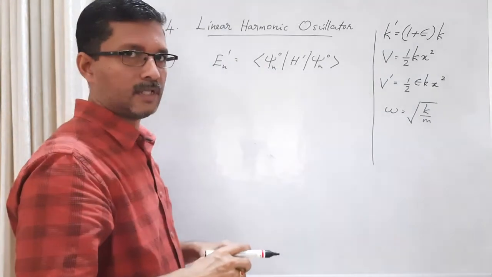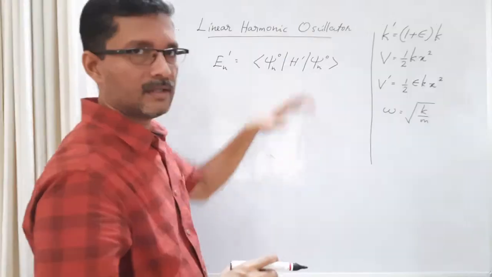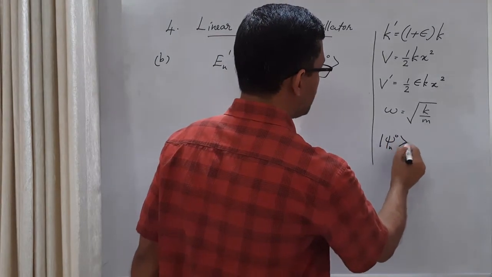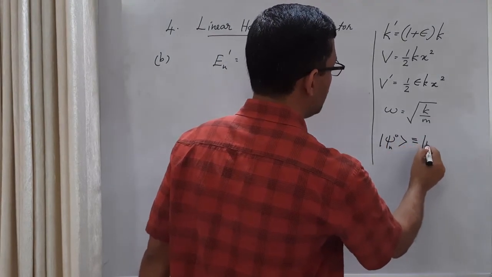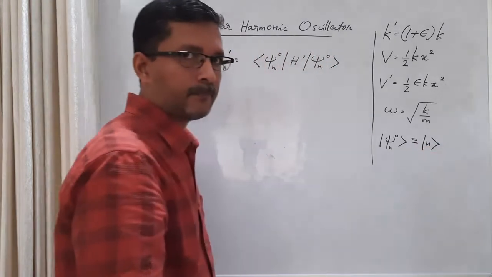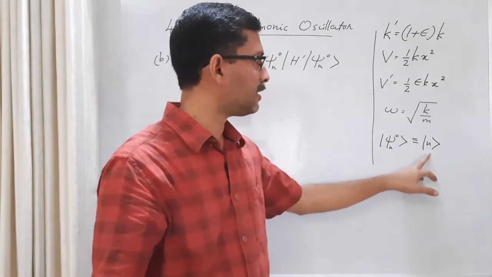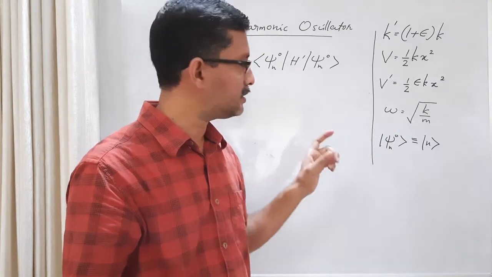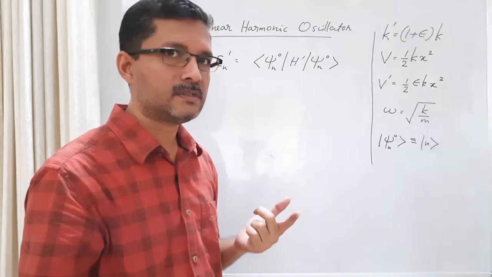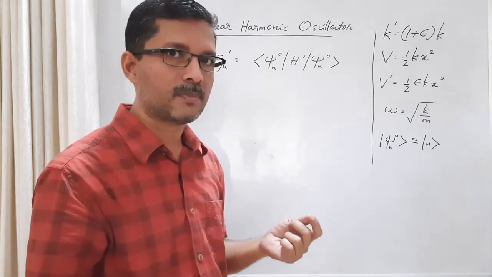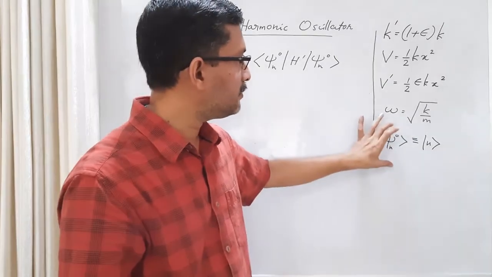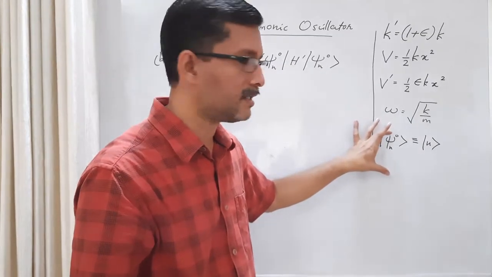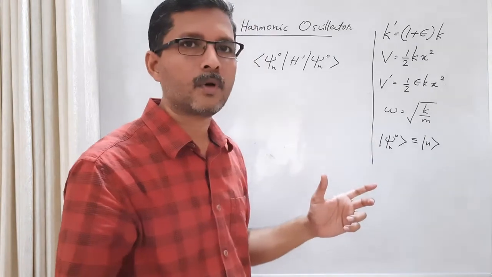Earlier I have told you that this ket psi n 0 is actually equivalent to simply ket n. This is abstract ket vector. Actually, psi is a symbol for wave function, which is the coordinate representation of an abstract ket vector. But for convenience, I have retained it like this, ket psi n 0. I have used a slightly improper notation.